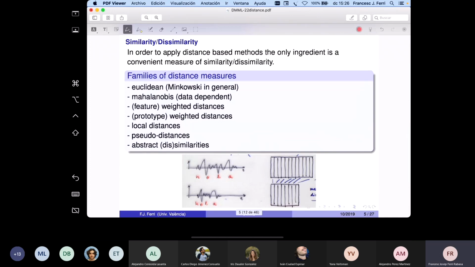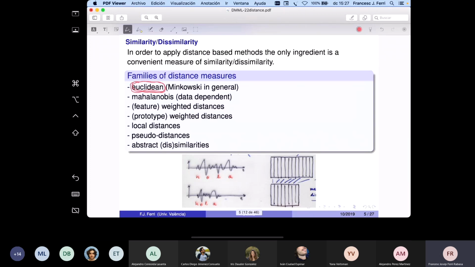Just a summary of different distances that can be used. Well, by default, we can use the Euclidean distance on vector spaces once we have our data appropriately normalized or not.